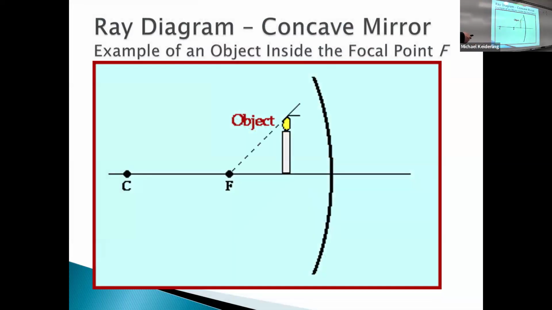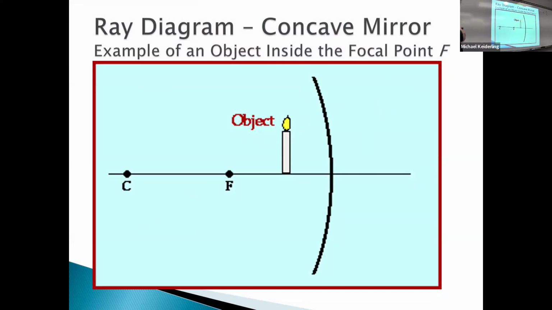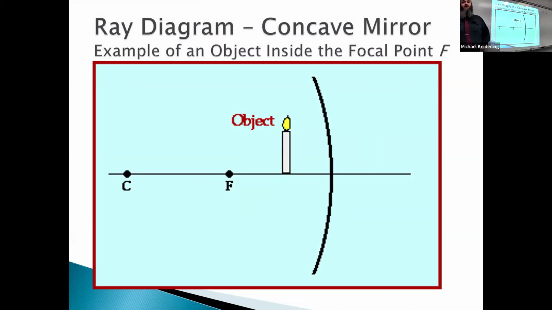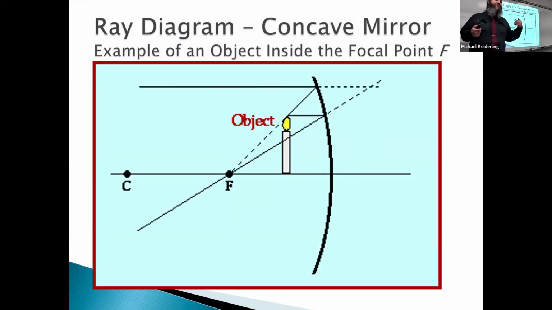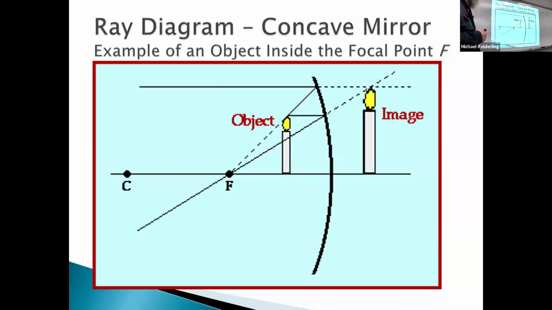So here you get a virtual image on the far side of the mirror. The virtual image is upright. In general, real images will be on the same side of the mirror. They will be inverted. Virtual images will be on the far side of the mirror. They will be upright.